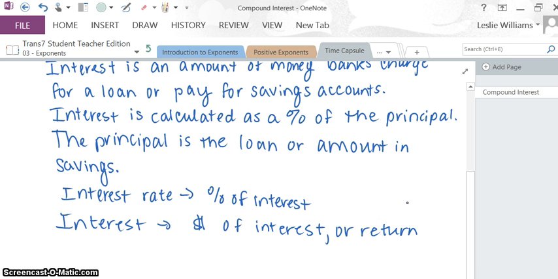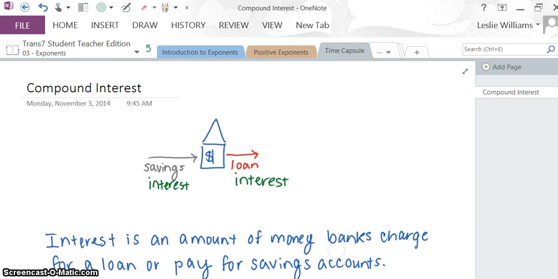So that's a little bit to help you get used to the jargon or words that we use. So if we come back to this idea of how the bank works, if they're going to charge interest for a loan and pay interest for a savings account, what do you think they have to do in order to make money? The banks will charge a higher interest rate for loans than they will pay out for savings accounts.